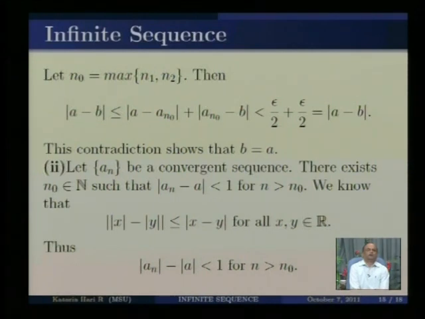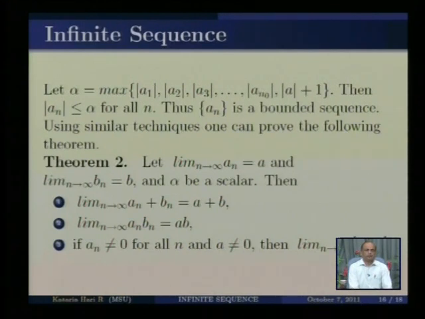Now, we know this inequality that the absolute value of mod x minus mod y is always less than or equal to mod x minus y for all real numbers x, y. So, let us replace x by an and y by a. So, we will get the absolute value of mod an minus mod a is less than 1 for n greater than or equal to n0.